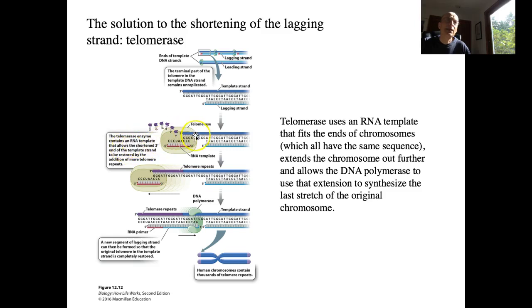So now what happens is that this enzyme, telomerase, brings a primer, and these ends have sequences that are universal in organisms. So all the chromosomes have the same or very similar telomere ends. These are called telomere ends, the ends of the chromosomes.